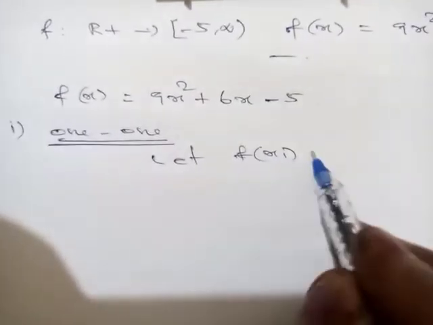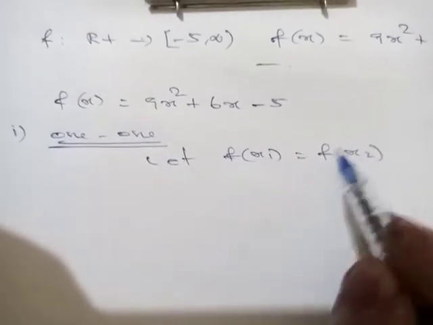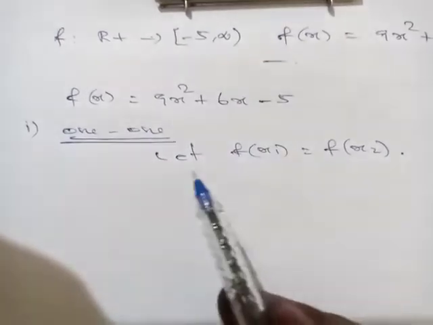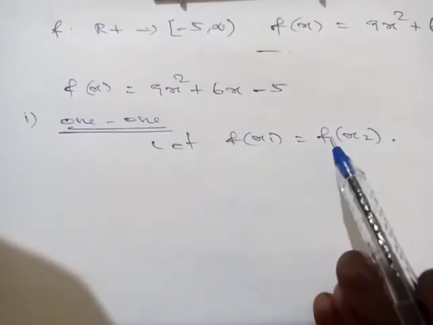So f of x is equal to 9x square plus 6x minus 5. To check whether it is one-one, first I am taking, let f of x1 is equal to f of x2. This is the f of x function. I am taking f of x1 is equal to f of x2.